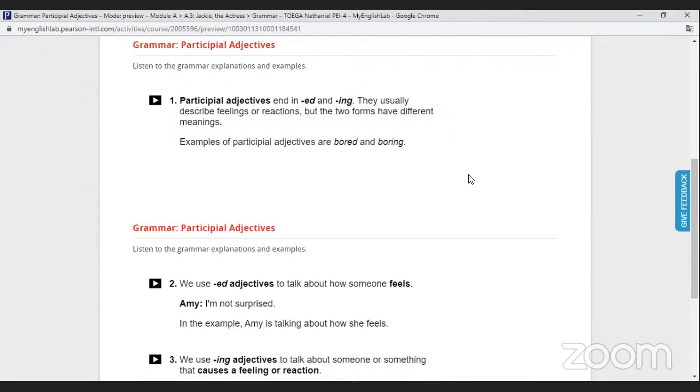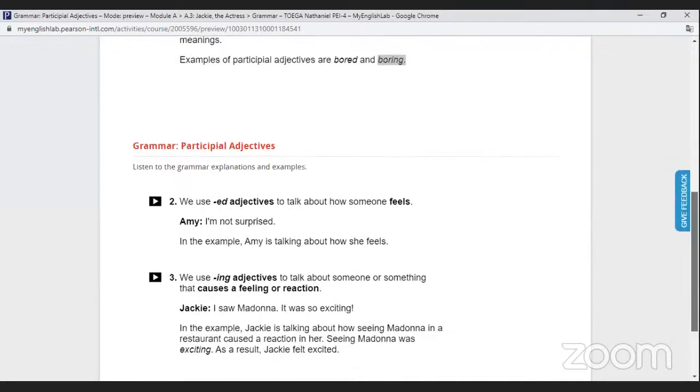Boring is that something is boring, and bored is that someone feels bored. Exactly. So in this part, it talks about the feeling of a person, right? And this other about the situation or other thing. Excellent. So let's pass to number two.